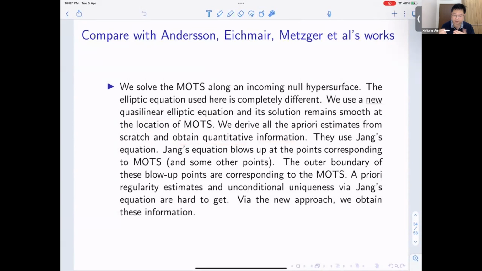In their setting, it's quite general. They use Jang's equation. Jang's equation blows up at the points corresponding to the modes and some other points. The outer boundary of these blow-up points corresponds to the modes. So the a priori regularity estimate and the unconditional uniqueness via Jang's equation are actually quite hard to get. And with this new approach in the short pulse regime, we obtain this information.